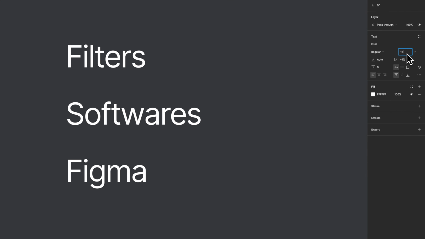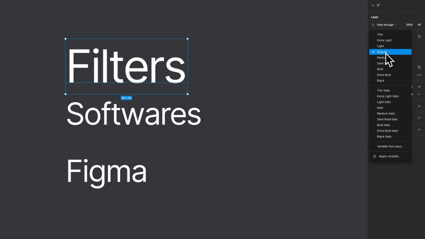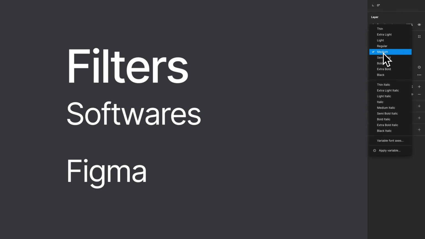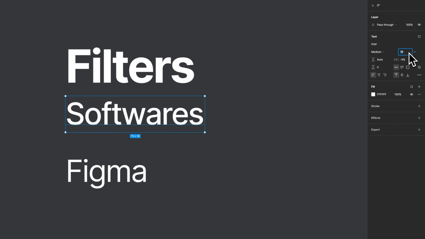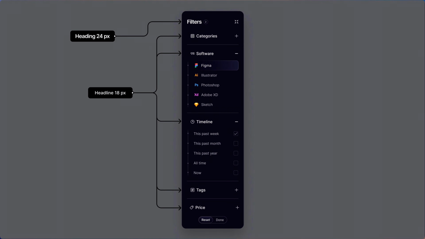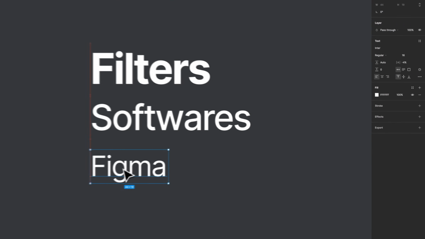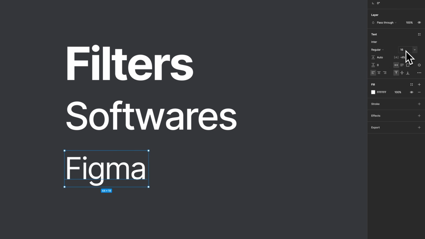For the title, the text should be between 18 and 24, and the text should be bold or medium weight. For the section title, use a size of 18 to 20. For the individual menu items, use smaller regular weight text around 14 to 16. It should be clear and easy to read.